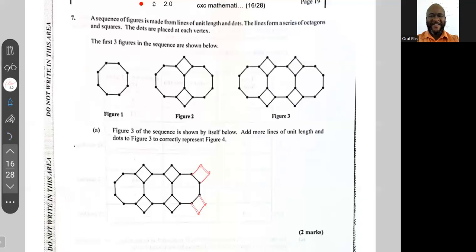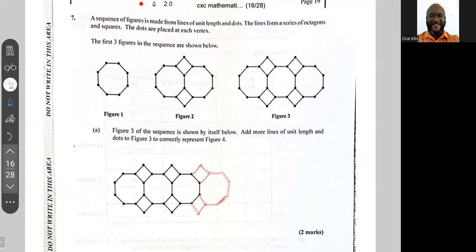All right, so we get that. Then we need a line here, line here. All right. Then line there, and line there. And I think to the best of my knowledge, this is largely what figure 4 could look like.